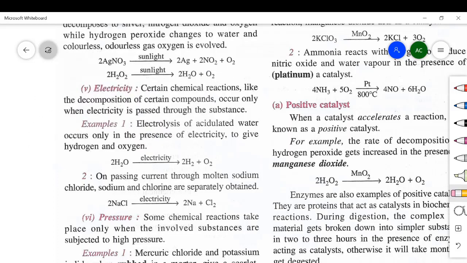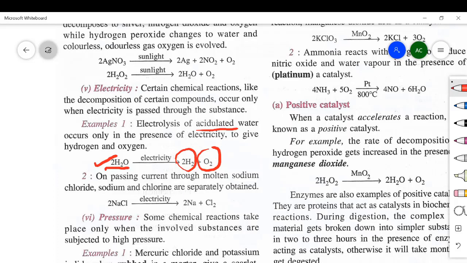Suppose I want to break down the constituents of water, hydrogen and oxygen, and separate them from this compound, then I have to pass electricity, and that is why it is known as electrolysis. And what is this acidulated water? We have added some acid to this water just to enhance the conductivity. After passing the electricity, it will break down into its constituents, hydrogen and oxygen.